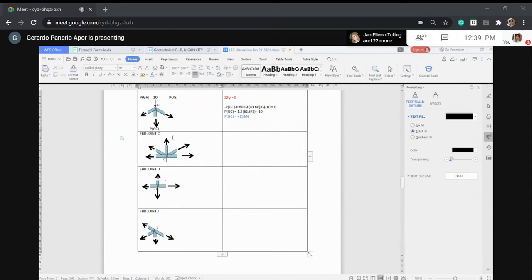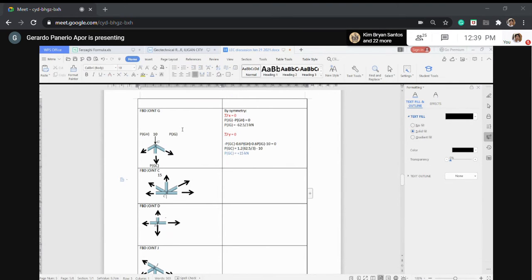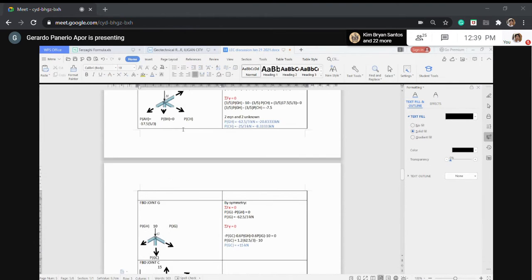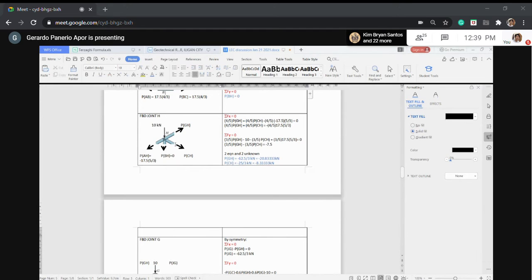Okay. So this one is 15. And this is the value CH.